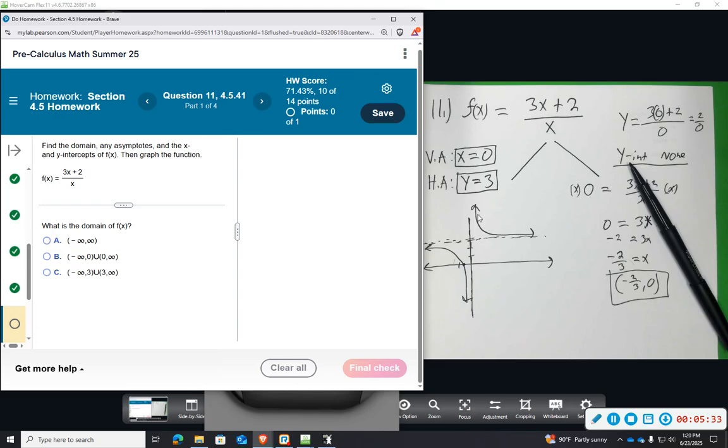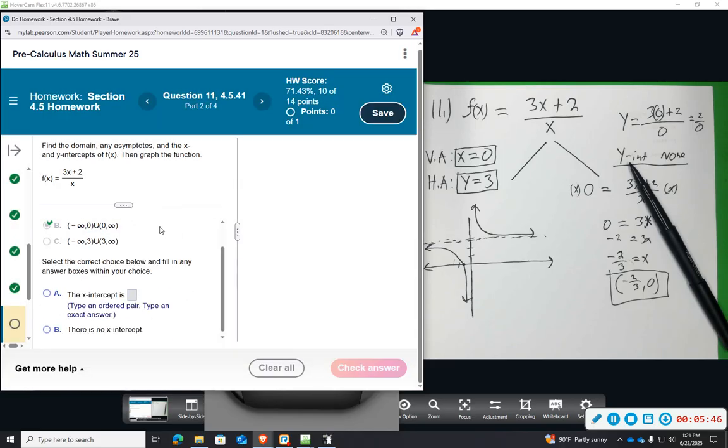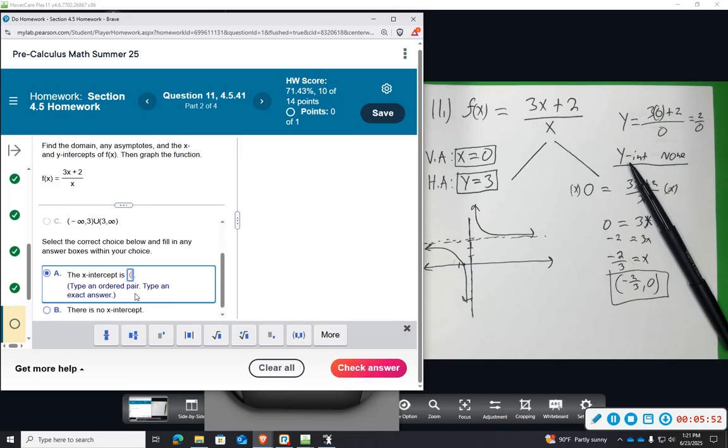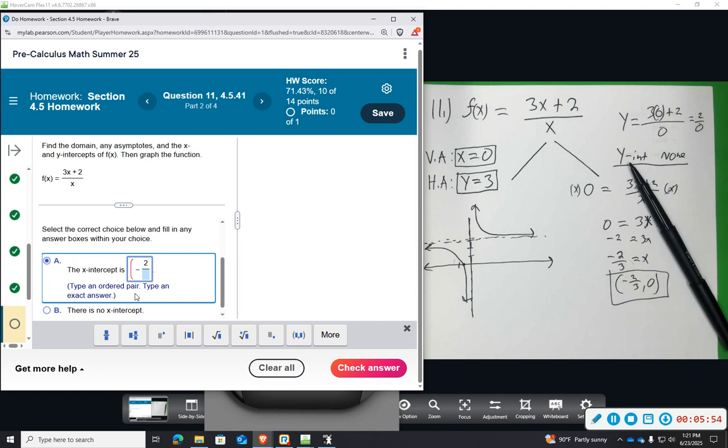So our domain did not use 0, same as my vertical asymptote. So if we were to remove 0, we would get B. The x-intercept, we said to type as an ordered pair. So that would be negative 2 over 3, 0.